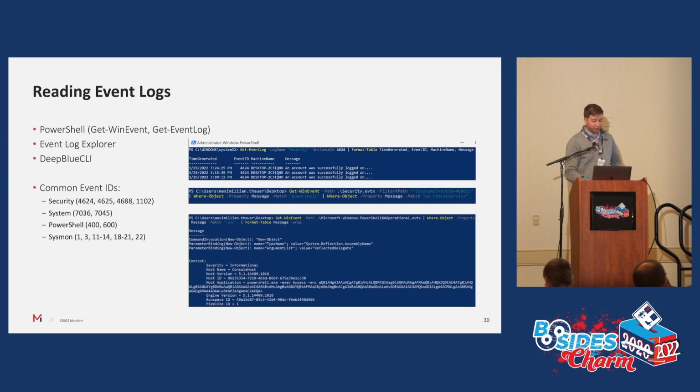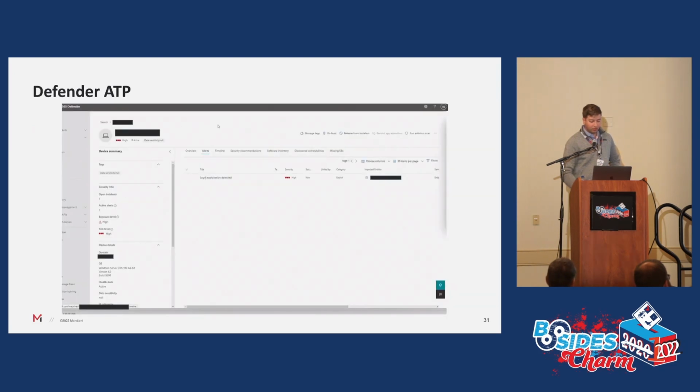So you can see right here a couple examples of commands you can run to find what you might be looking for, just from the Windows event log cmdlets that are built into PowerShell.